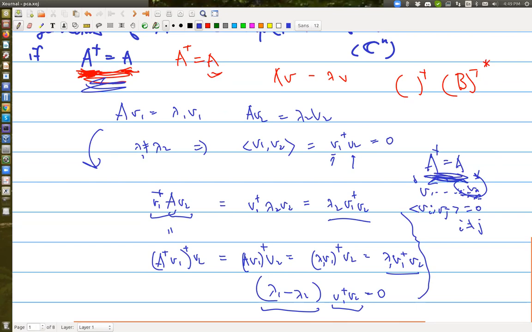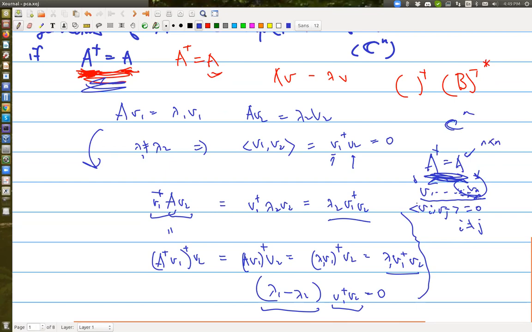Whenever we have a Hermitian matrix, you can find a set of eigenvectors that span the space R^n, actually C^n in general. So let's say A is n by n here.